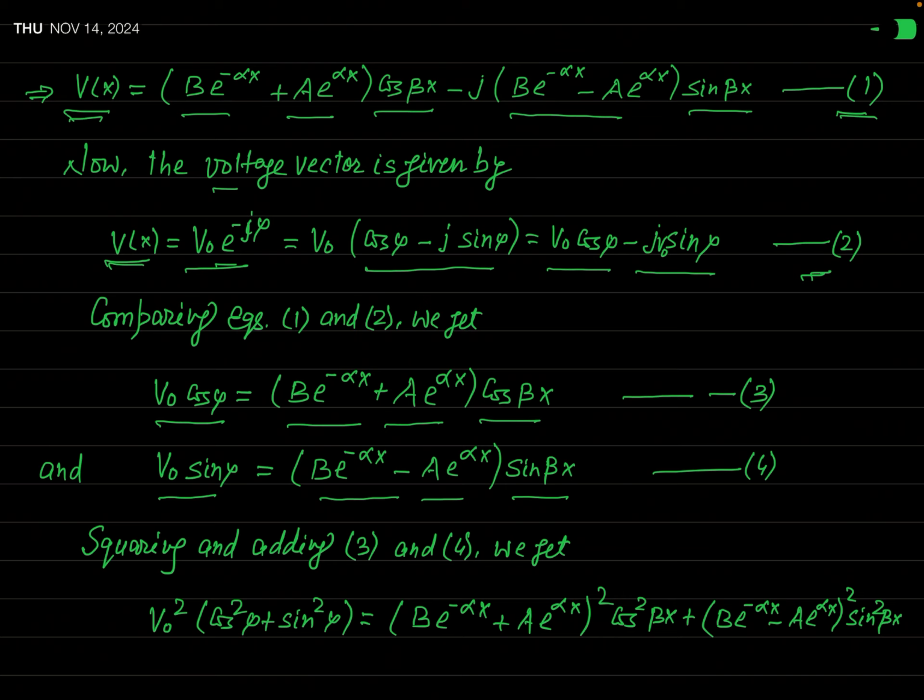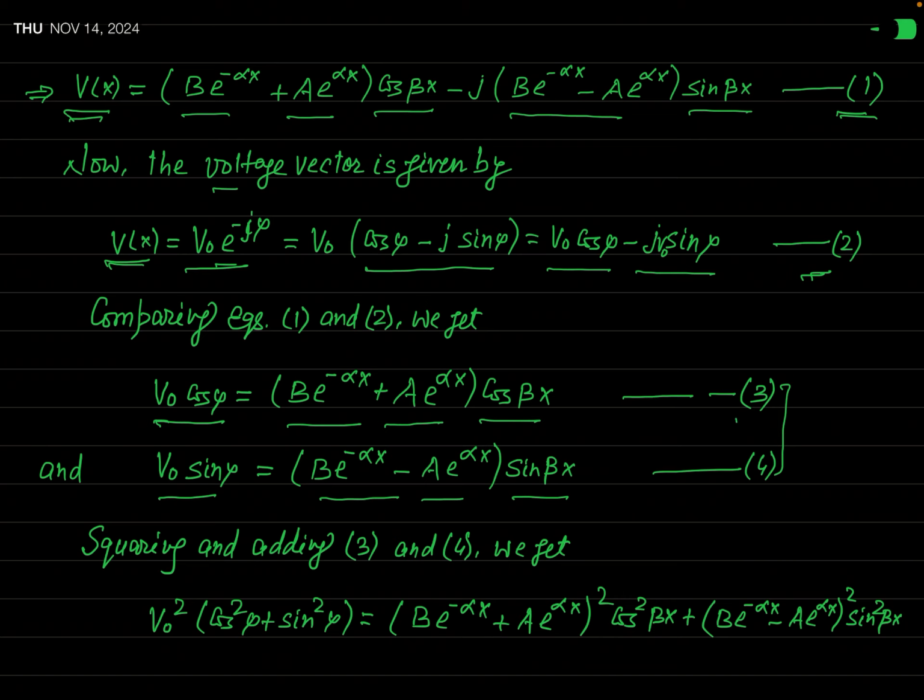Observing these two equations, 3 and 4, we can easily find the magnitude V naught and its phase phi. If your aim is to find the value of V naught, see the form of the equation. When we square equations 3 and 4 and simply add, you will easily get the value of V naught.